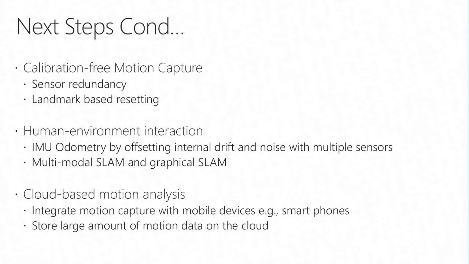Other than that, we can do calibration-free motion capture. For all the motion capture systems out there, we need to calibrate. But the advantage of our system is that we use a densely covered body sensor network. We have sensor redundancy, so we can try to solve the calibration problem by using it. Also, we have different modalities.